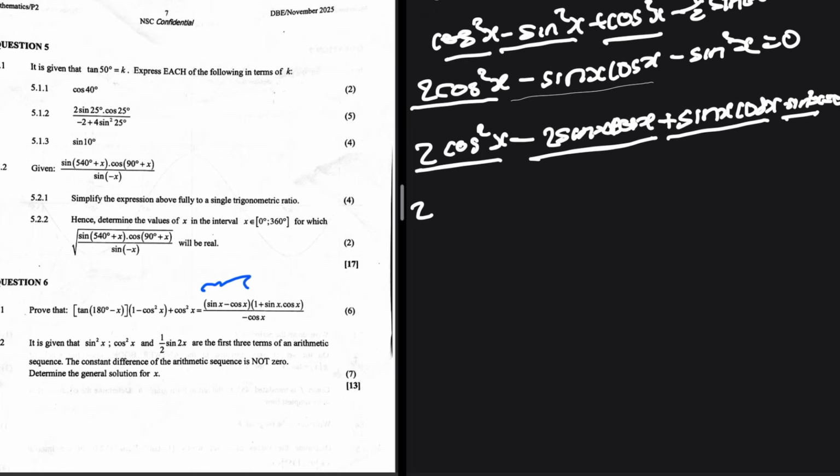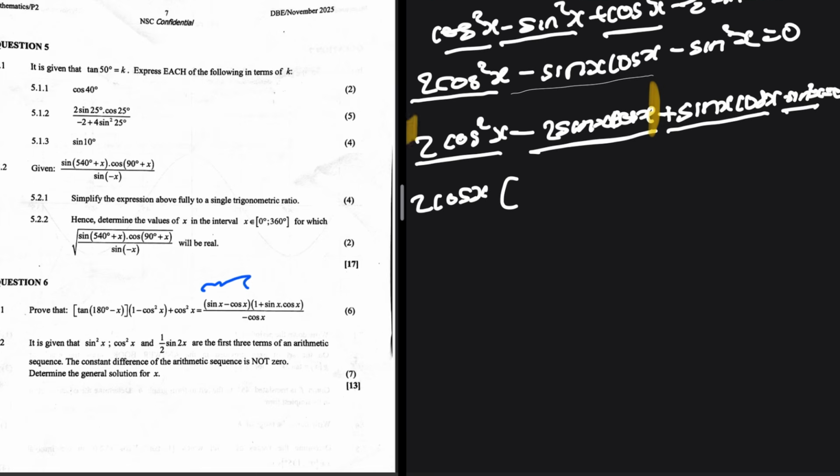So let me go ahead and factorize that. I will put that in brackets so that you can see what I am doing. With the first bracket, we have a common factor of 2 cos x, so we'll have cos x minus sine x.